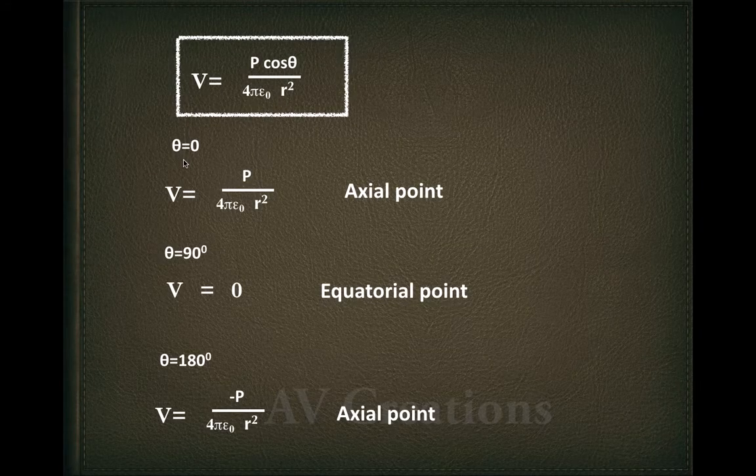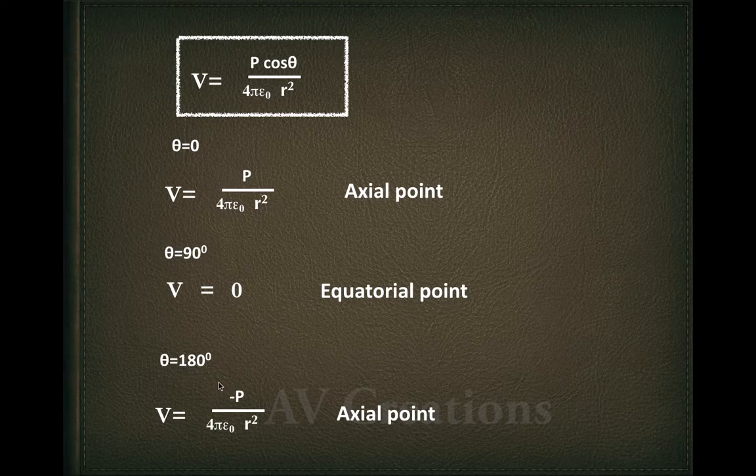Now, if the angle is 0, the point is at an axial point. The equation will be, since cos 0 is 1, p by 4 pi epsilon 0 R square. If theta equals 90 degrees, it is at an equatorial point, so V is equal to 0.